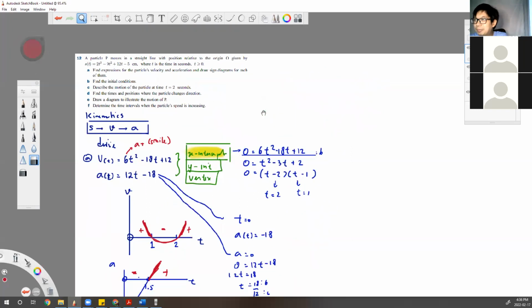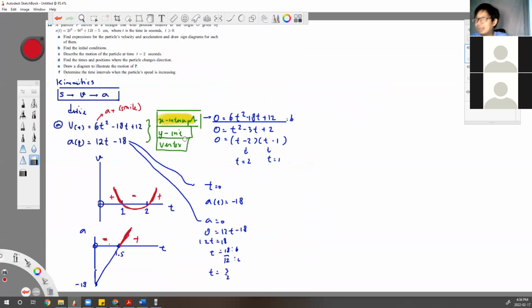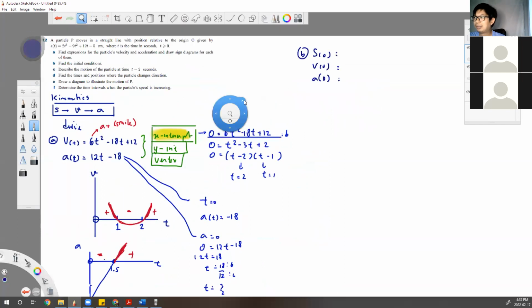Now go to question B, find the initial conditions. Oh, piece of cake. For B, you need to find S0, V0, and A0. Just put everything on S. So the position is at negative 5, right? Negative 5 meters left. You can use your own wordings. V at 0 is 12 meters per second.